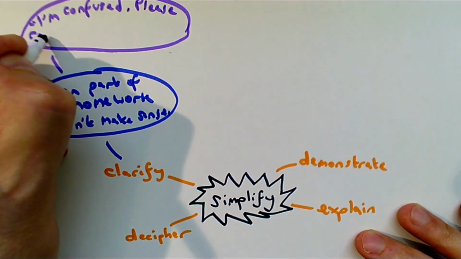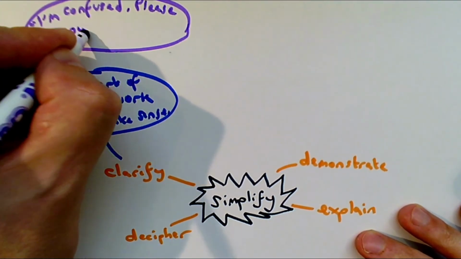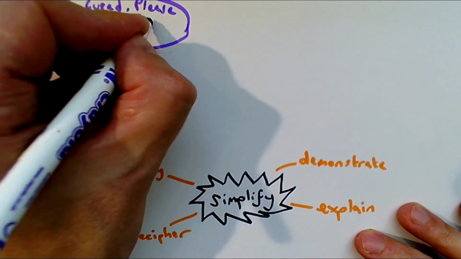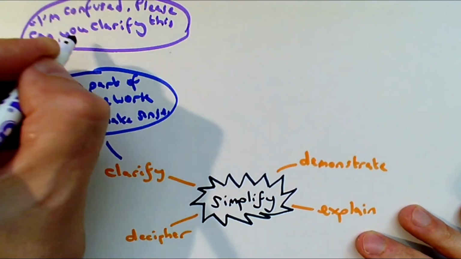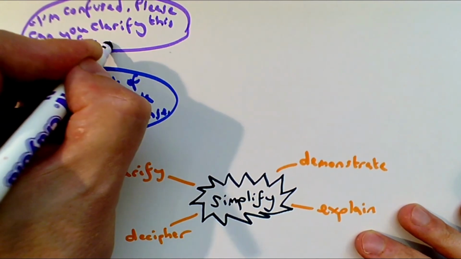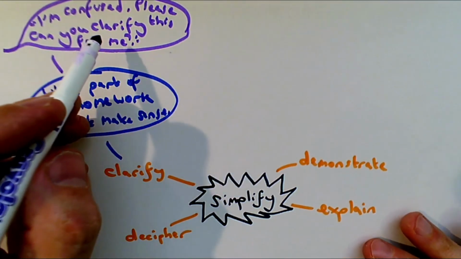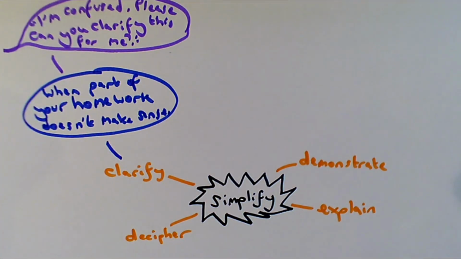Please, can you clarify this for me?" So you're asking for it to be clarified, to make sense, to be made clearer, to be simplified so that you can understand it.